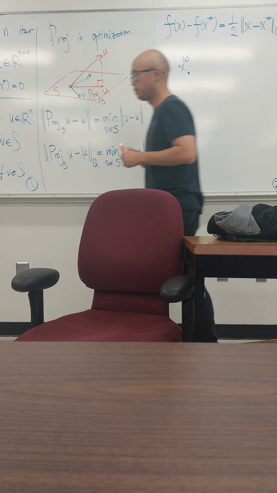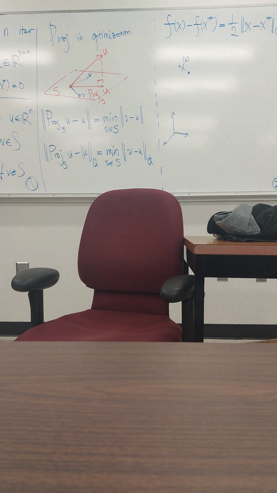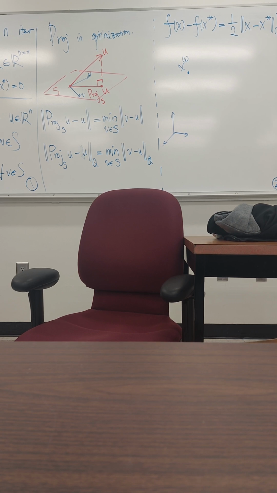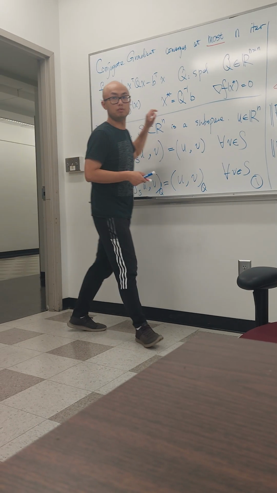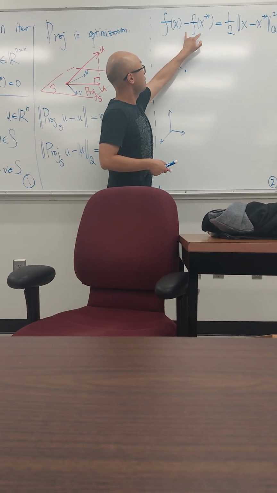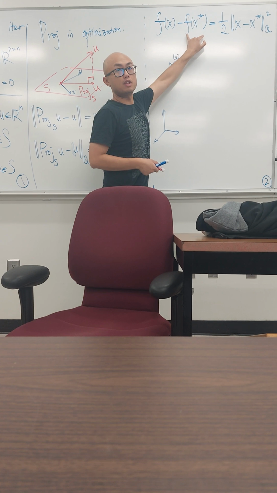So here's the thread of thought. We want to optimize this function. For simplicity, we assume this function is a quadratic function, but in general, assuming convexity is fine. So we assume this function is convex, and we minimize it. This function minus its minimum value is a constant.